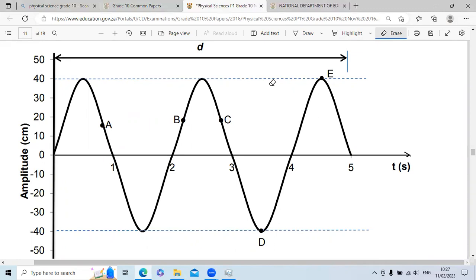Because I'm not sure. So when those 2 points form a full wave, that's when we say they're in phase. So from this diagram, can you tell me the points that are in phase? Is it B and C?